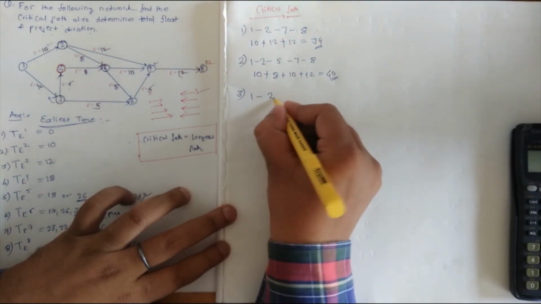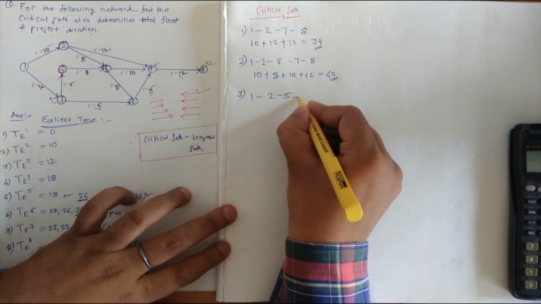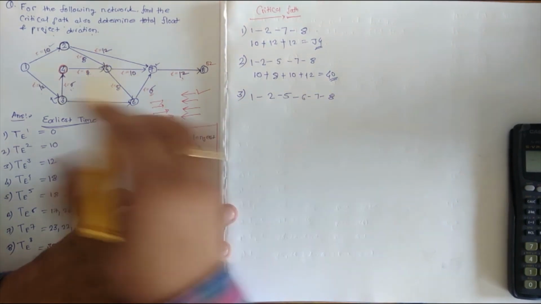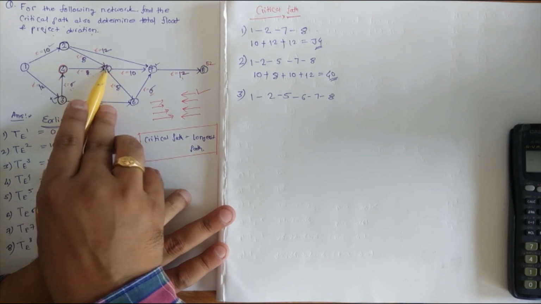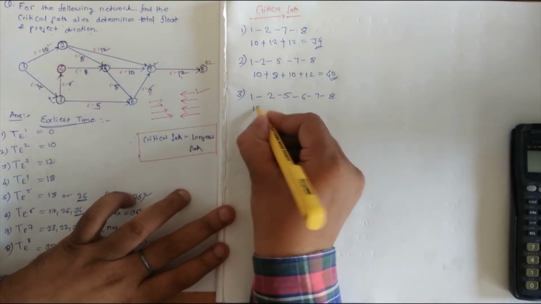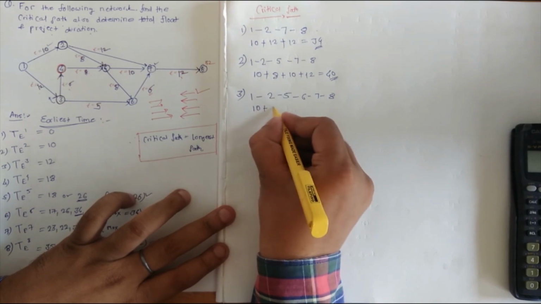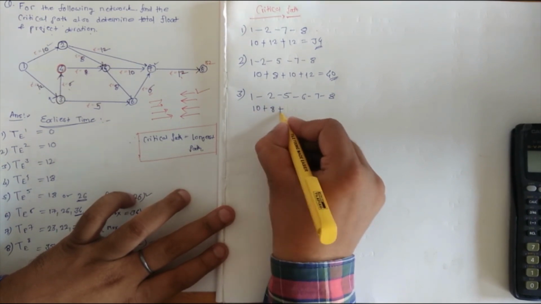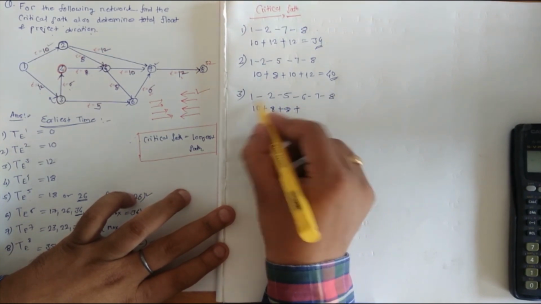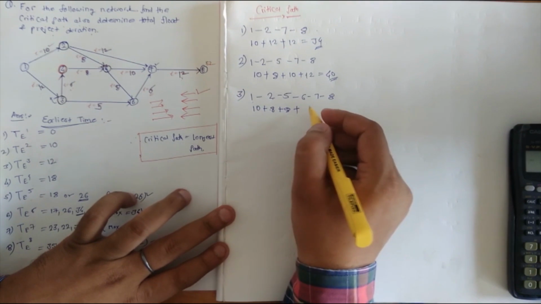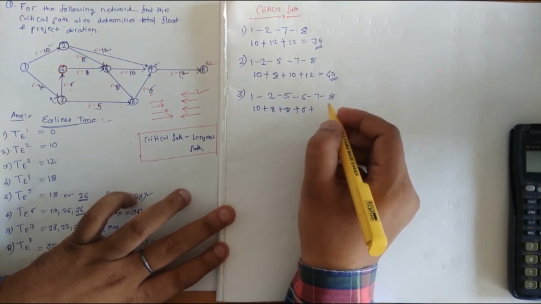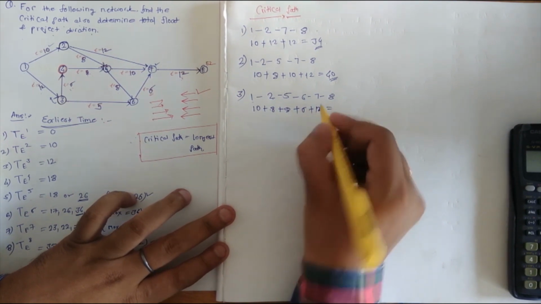Now again third: 1, 2, 5, 6, 7, 8. So 1 to 2 we have 10, plus 2 to 5 we have 8, plus 5 to 6 we have 8, plus 6 to 7 we have 6, plus 7 to 8 we have 12.